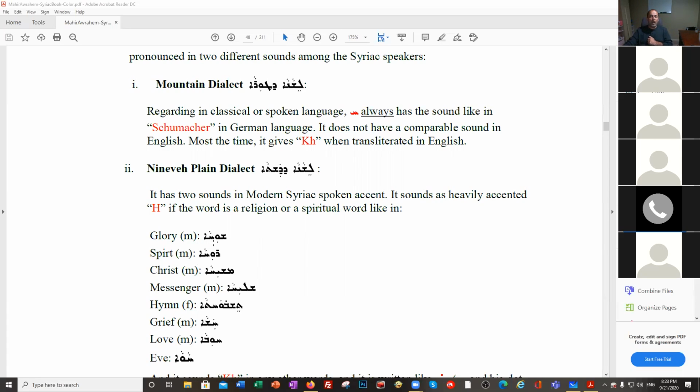Glory, shuha, we say shuha. Now, in the mountain dialect, they don't say shuha, they say shuha with ch. Now, the second one, spirit, ruha. Christ, mshiha.